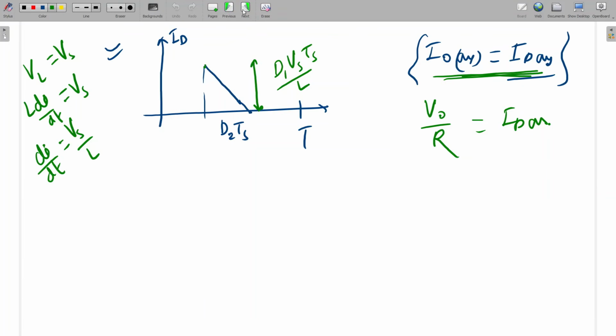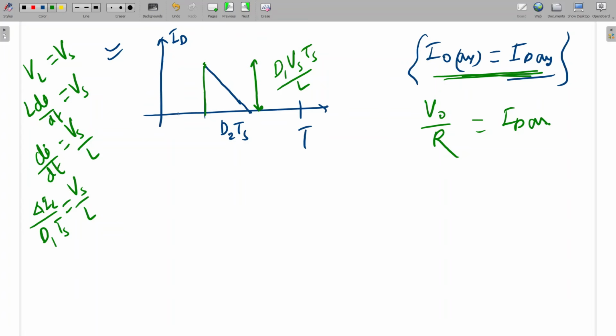So delta IL divided by D1 TS equal to VS by L. So this peak we can write as D1 VS into TS by L. Is the peak of this waveform clear to all?